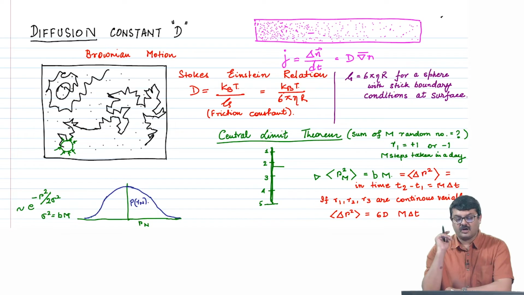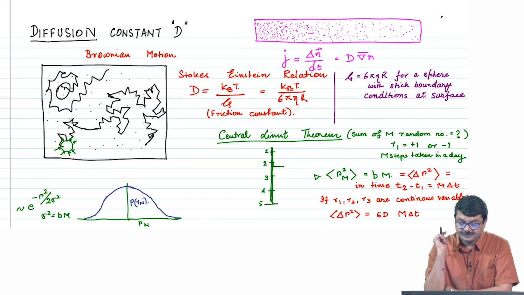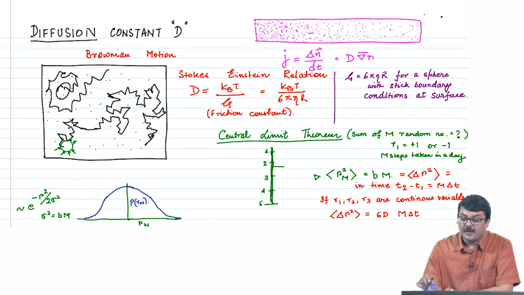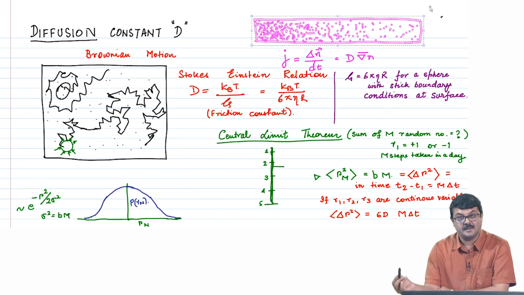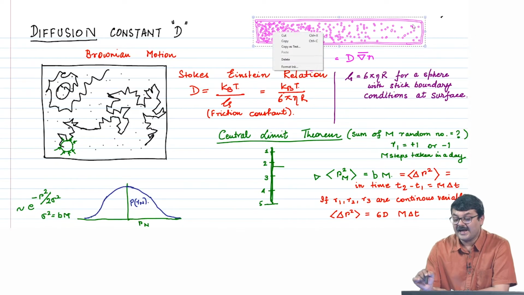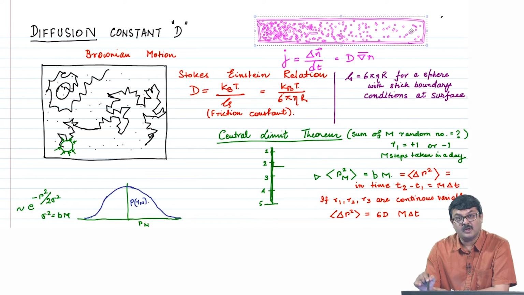Now, in your college you might have also studied diffusion in a slightly different context, and typically you might have also heard about the word diffusion constant, particularly when you have a fluid in a box somewhere, and suppose you have dispersed particles inside the fluid, and at one end you have a higher density and at the other end you have a lower density.